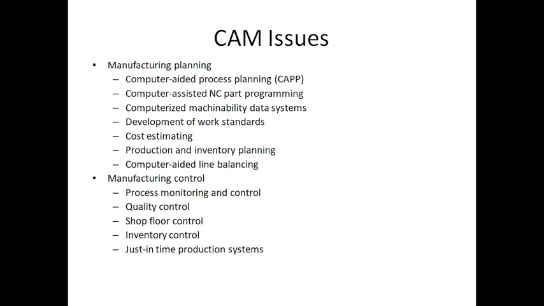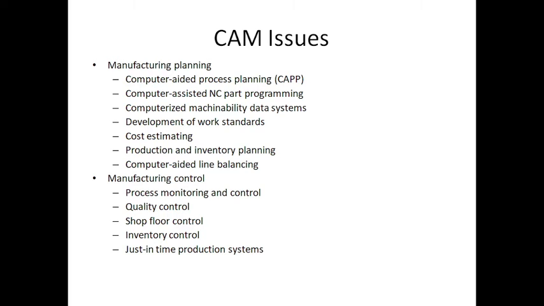Then quality control: you are controlling the quality so that defective parts are not made at all. Concepts like Six Sigma and total quality management are applied in quality control. Then you have shop floor control, how you want to manage the different resources, which machine is to be assigned to which job, etc.